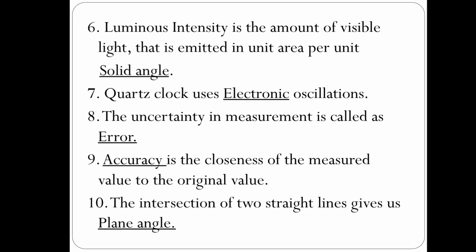So which one gives the closeness of measured value to the original value? We call it as accuracy. Intersection of two straight lines gives us dash. So what is the intersection of two straight lines or two planes? It is plane angle. If it is intersection of three lines or three planes or more than that, what is it? It is solid angle.